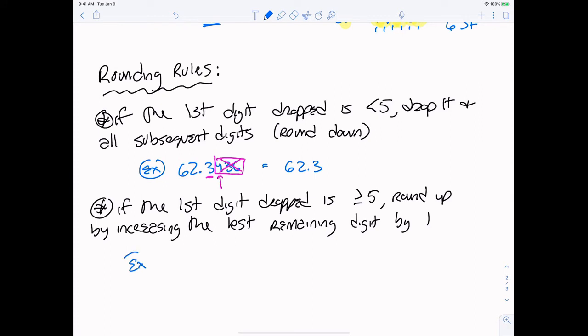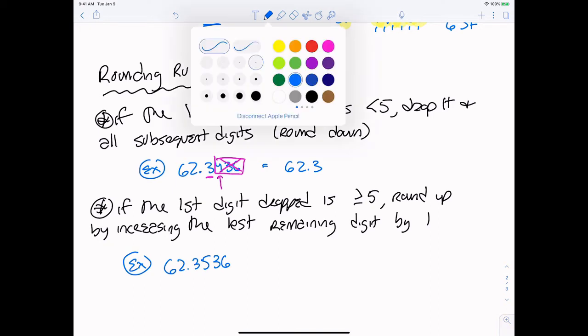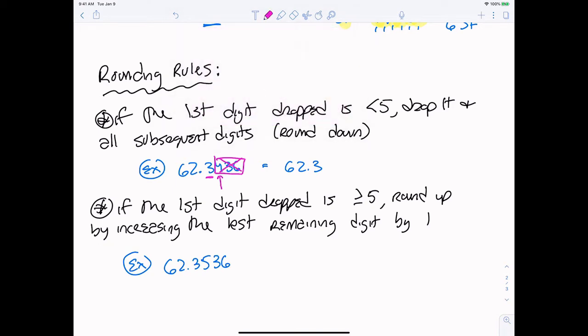So for example, 62.3536. And again, I'm just going to pick 3 and say let's round this to 3 significant digits. So I want to keep the 6, the 2, and then this place. The first digit I'm dropping is a 5.